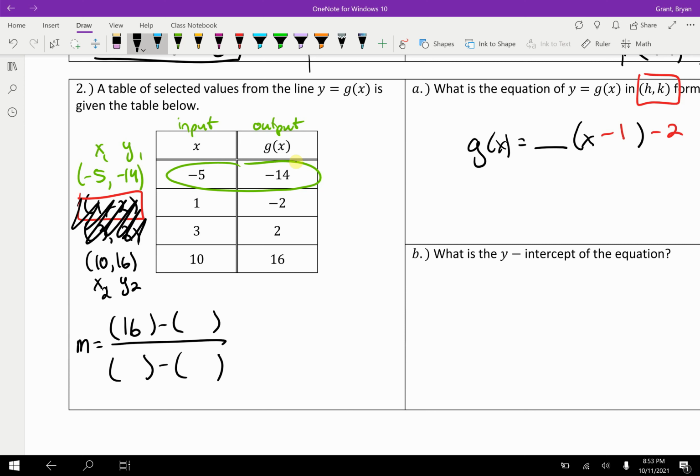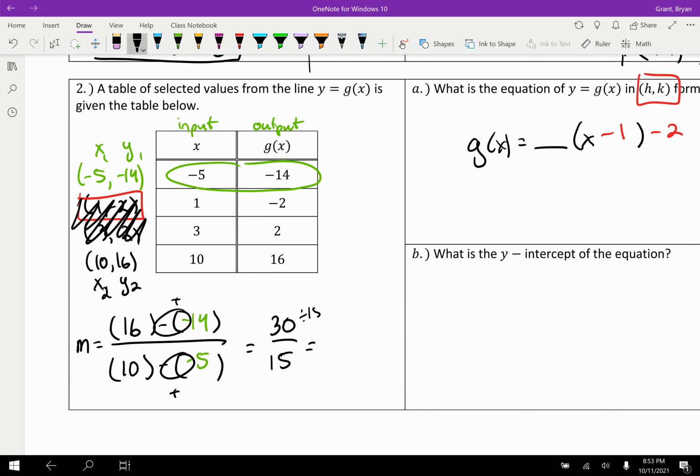y2 minus y1 divided by x2 minus x1. Alright, these turn into a plus. 16 plus 14 is 30. These turn into a plus. 10 plus 5 is 15. I think 30 over 15, and sometimes people switch these around, but the bigger number is on top.